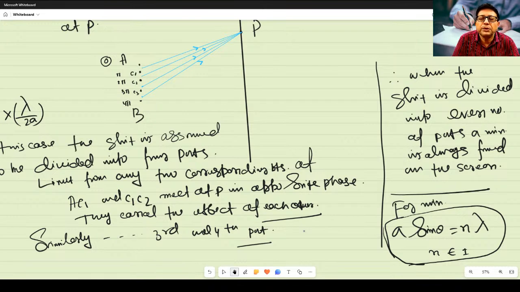If we take n equal to 2, then it will be 4 into lambda by 2a. If we take n equal to 3, it will be 6 into lambda by 2a.